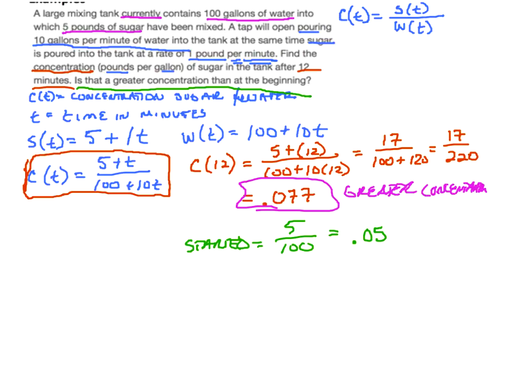So you can see that I ended up with a greater concentration than what I started. That says concentration. I know it looks like scribble, scribble, scribble. Sorry. All right, moving forward.